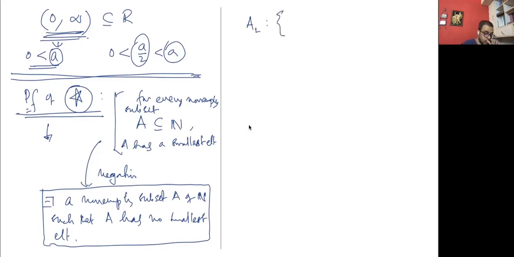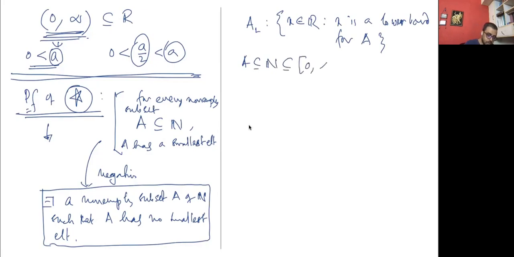So all those reals x for which x is a lower bound for A. Okay, A is a subset of N. N is contained in this. This is something we already know. So there are lower bounds. In particular, anything less than 0 would be a lower bound.